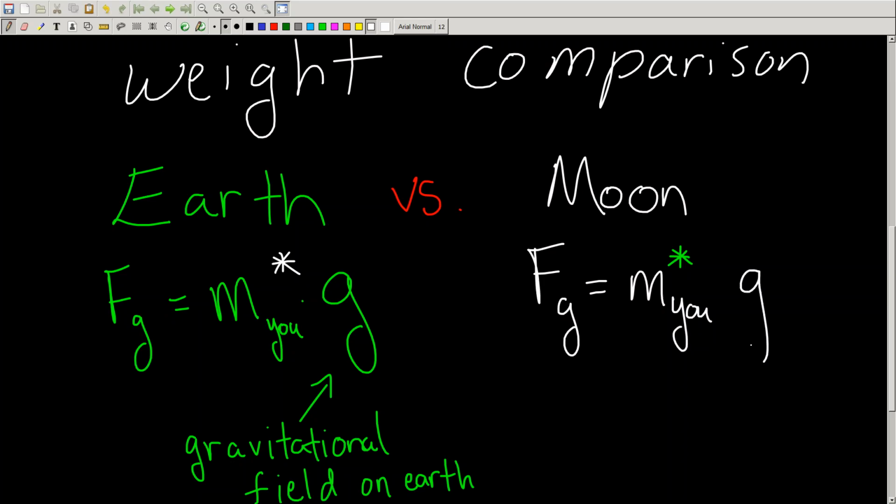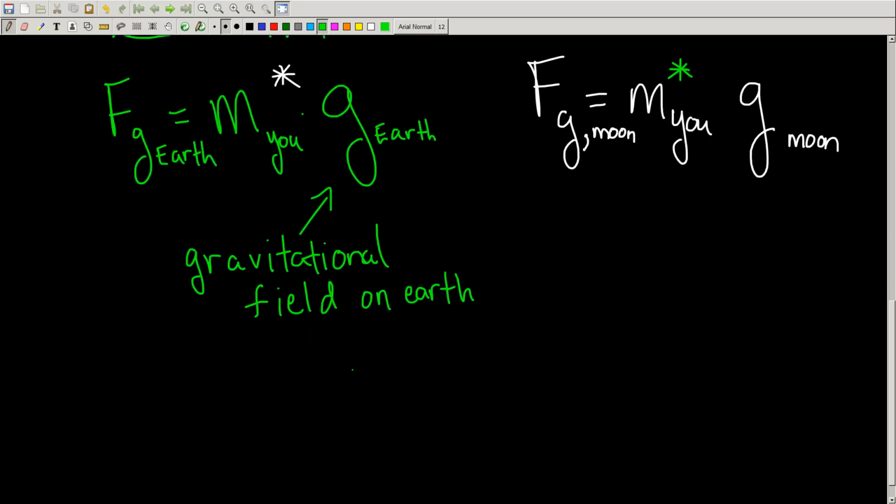So this is the gravitational field strength on the Moon, and this is the force of gravity on the Moon. And in green, we've got the gravitational field strength on the Earth, and this is g Earth.